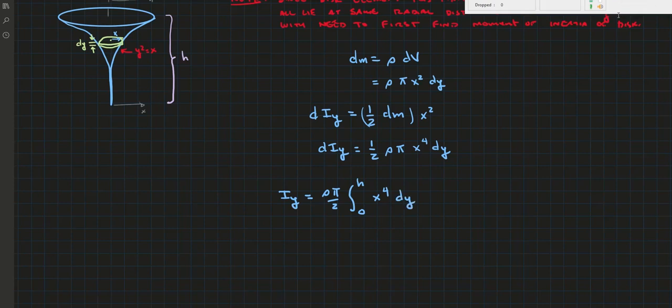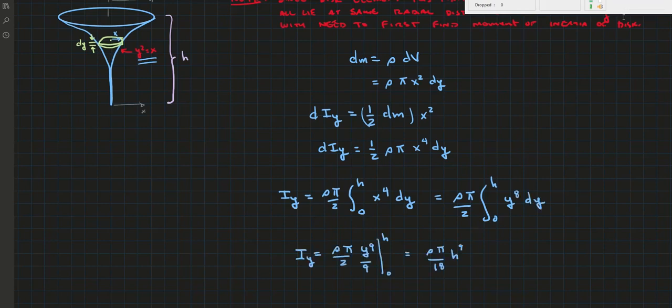We need to get this into one variable, and we can do that because we have a way to convert our x. So rho pi over 2 times the integral from 0 to h of y to the 8th dy. And then our answer just equals rho pi over 18 h to the 9th.